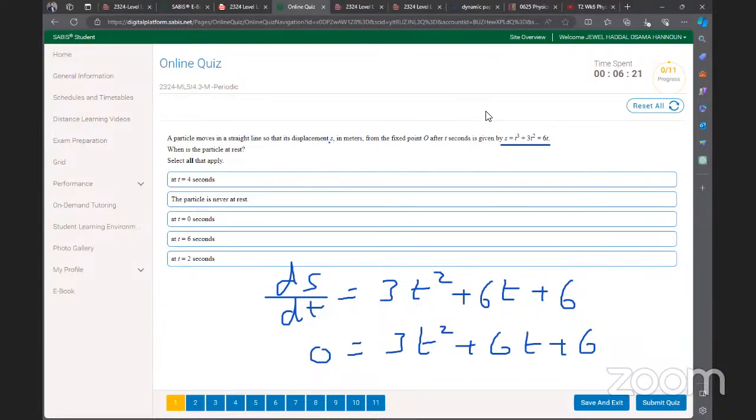Sir, do we substitute t by 4 to check, and 0 and 6 and 2? Okay, why don't you do mode 5, 3? It will be easier.